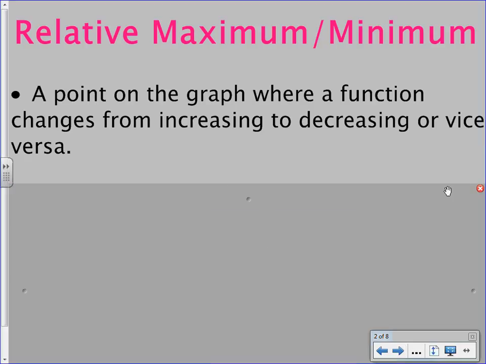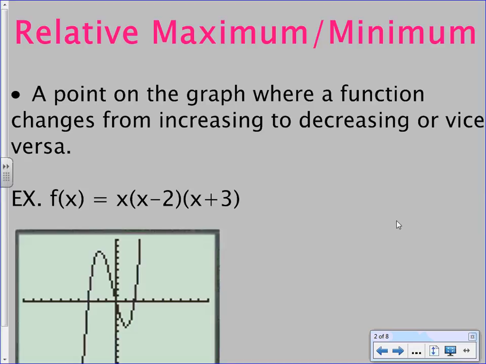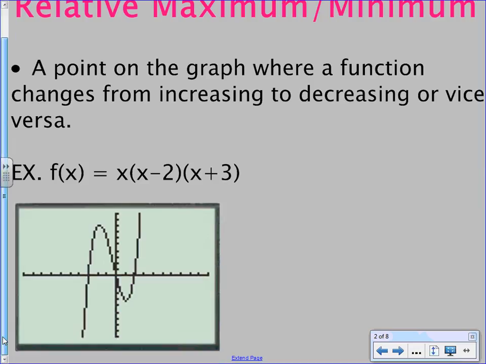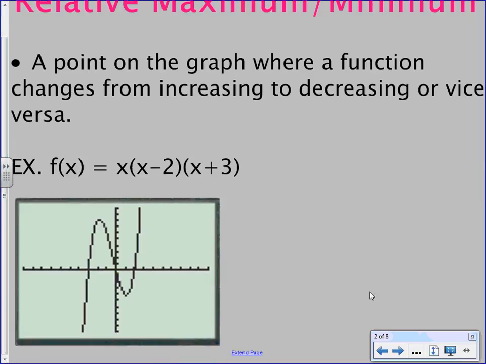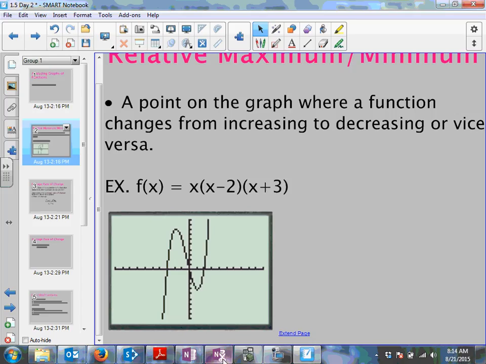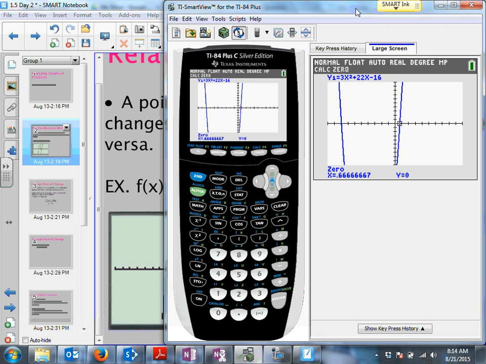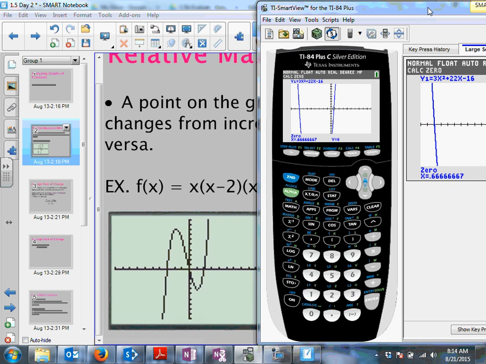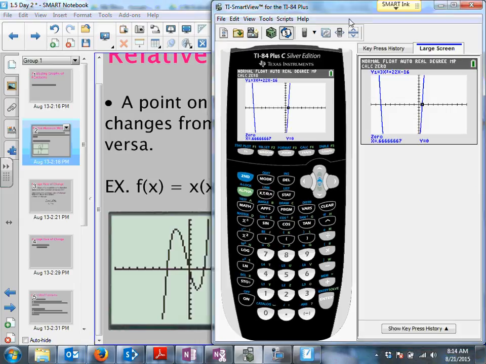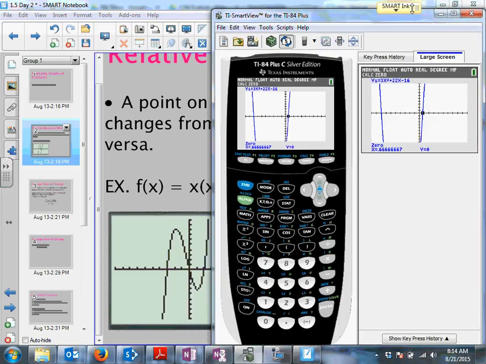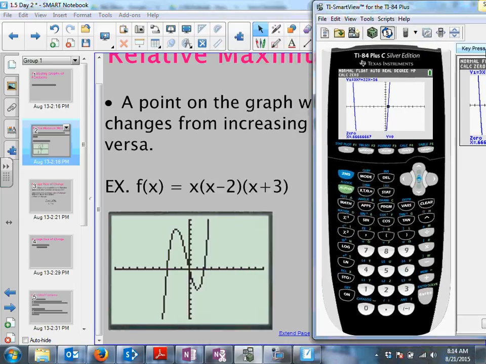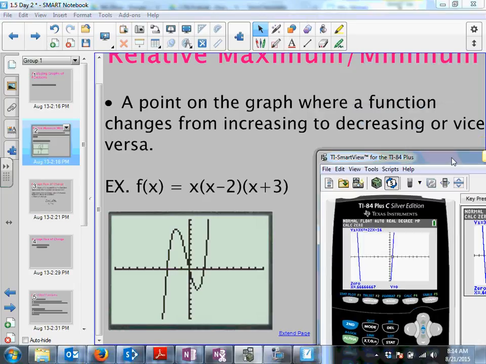So I have a curve up here that we're going to look at. If you want to type it into your graphing calculator, you can. Okay, did everyone get what they needed to down?